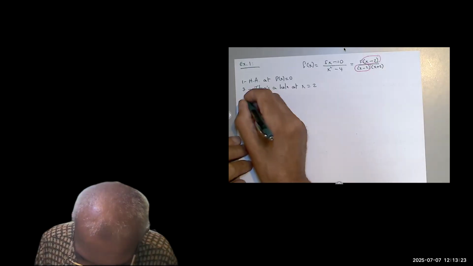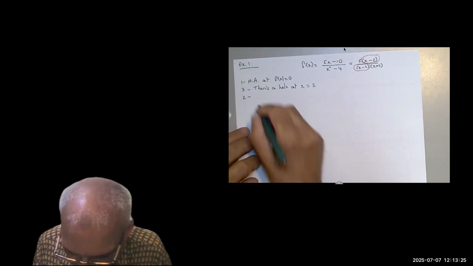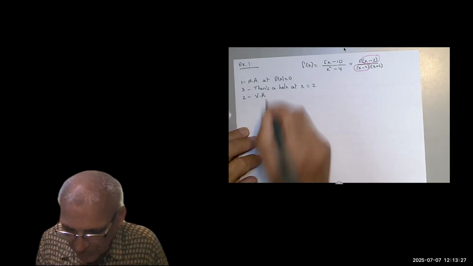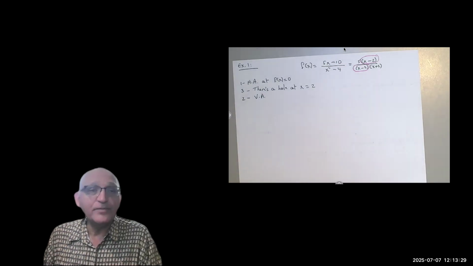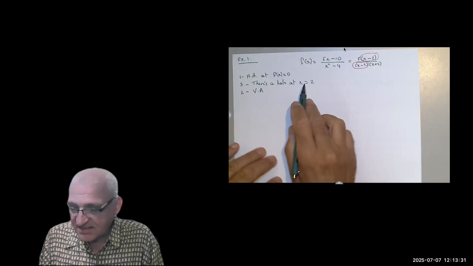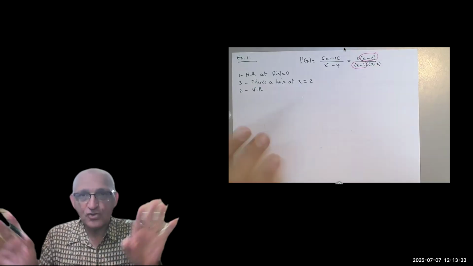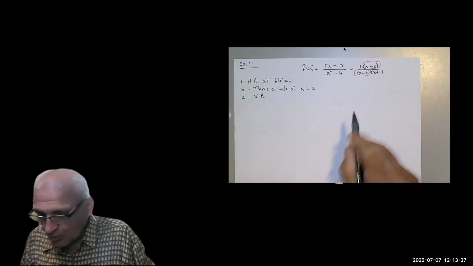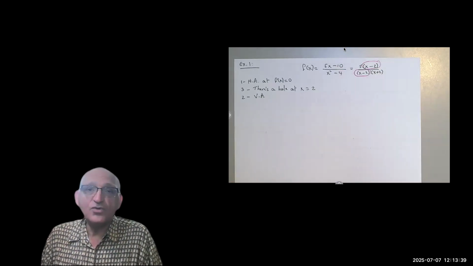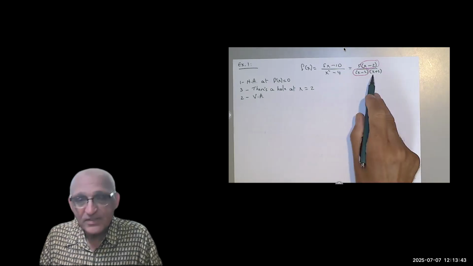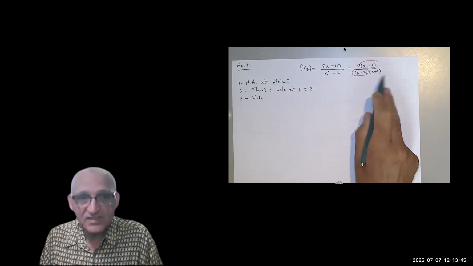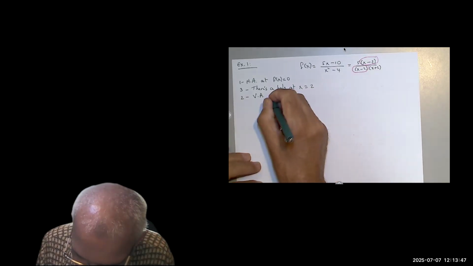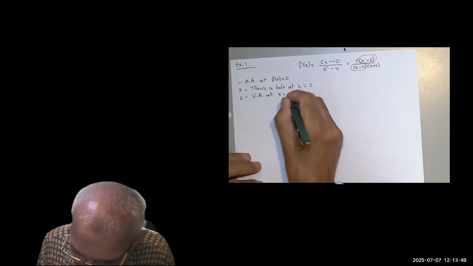Then I go back to number 2, vertical asymptote. Notice we are assuming that x minus 2 doesn't exist, because that's what the hole is. So what makes the denominator now equal 0? The denominator would equal 0 if x plus 2 equals 0, or x equals negative 2.